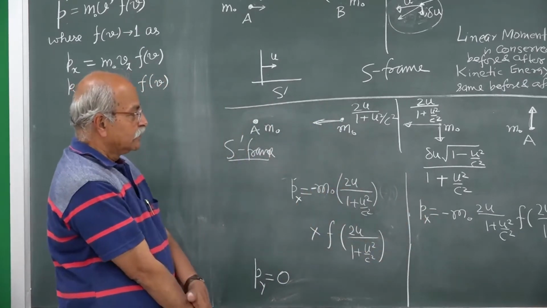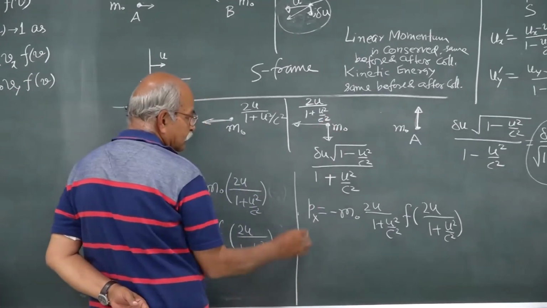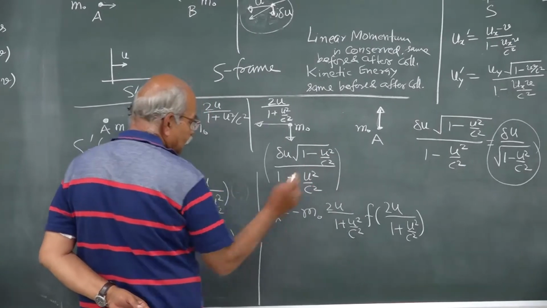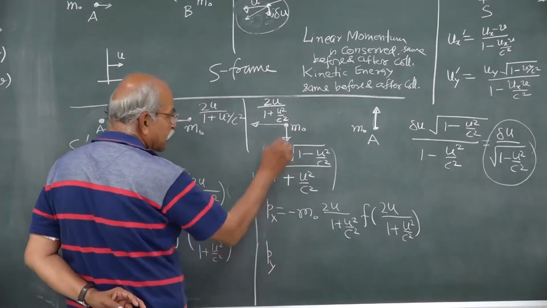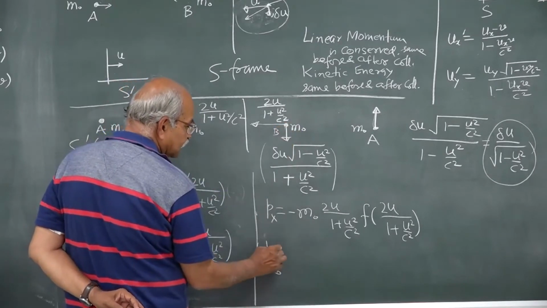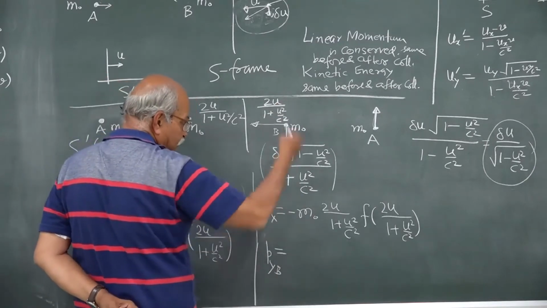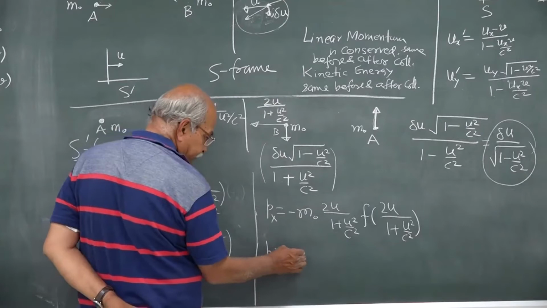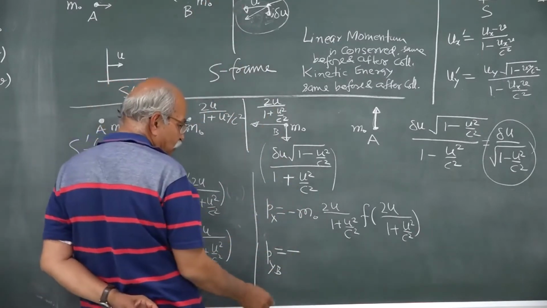What happens after the collision? Look at this particle here, this B particle, this is the velocity. So py of the first particle, this particle is actually B. So py of B is equal to, the direction is of course negative, y is taken that way, you can also take y this way, no problem.